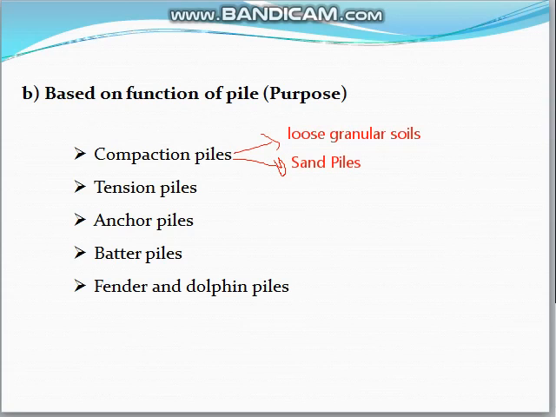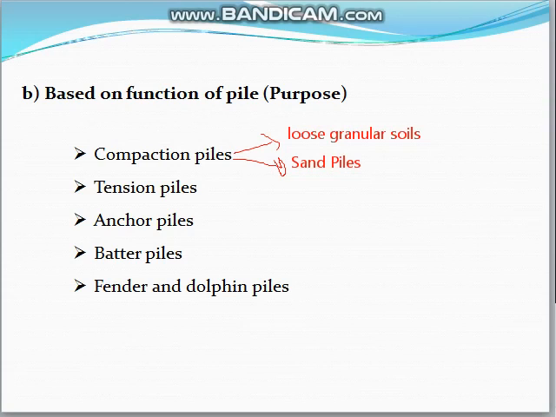I told you that generally compaction piles are used to compact loose granular soil to increase its bearing capacity. But the thing is that compaction piles do not carry load, so sand piles can be used as compaction piles.